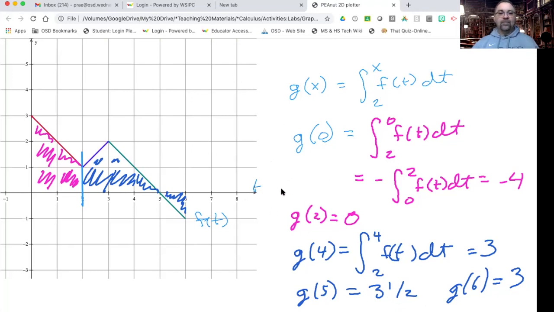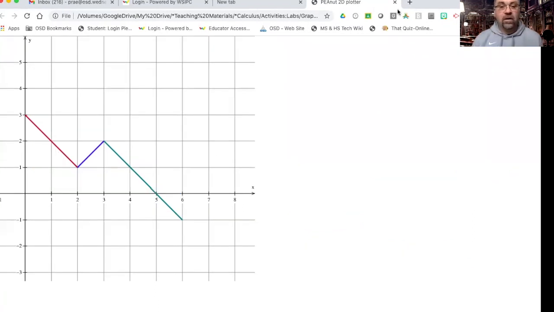Pretty good stuff. All right, so now that we've played around with the function g, which as we said earlier in the video, we were talking about messing with g, and here's f of t again.